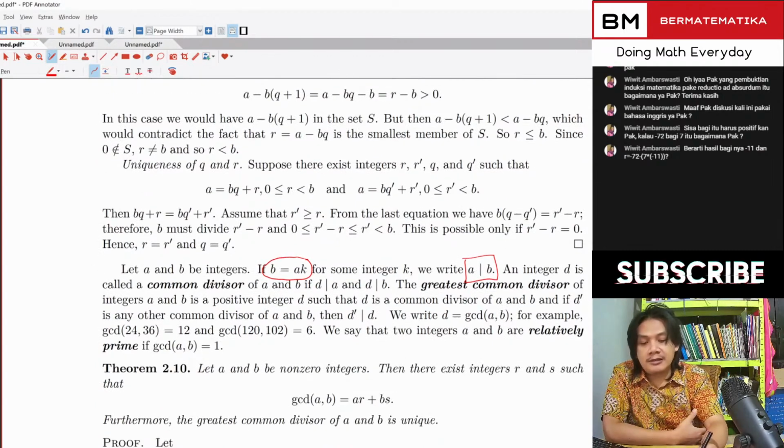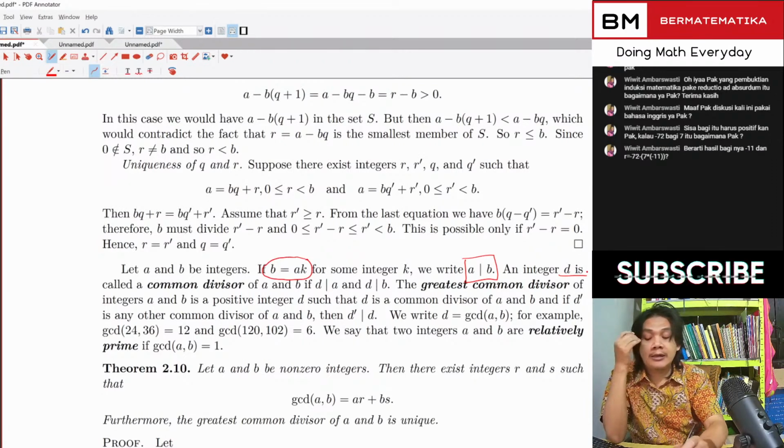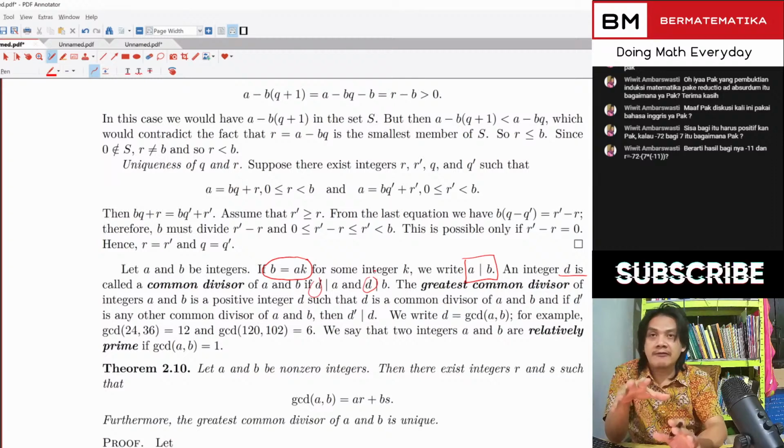And an integer D is called a common divisor of A and B if that number at the same time divides A and divides B. So it's a common factor of A and B.